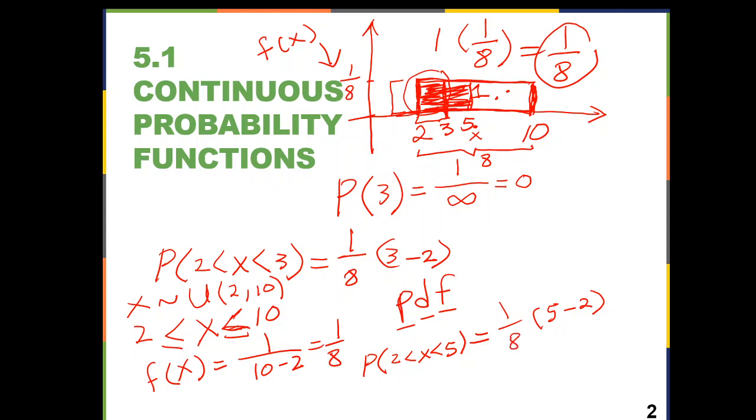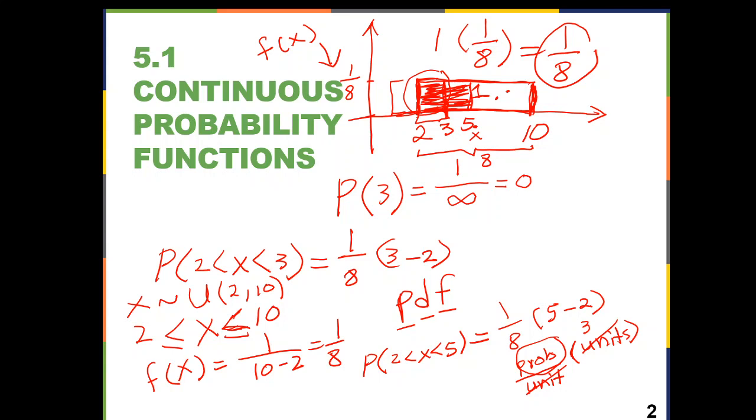Now the unit for 1 over 8 is probability per unit of length, and 5 minus 2 is 3 units of length. So the units cancel, and what we get is basically probability. So it would be 3 over 8, which is the probability.